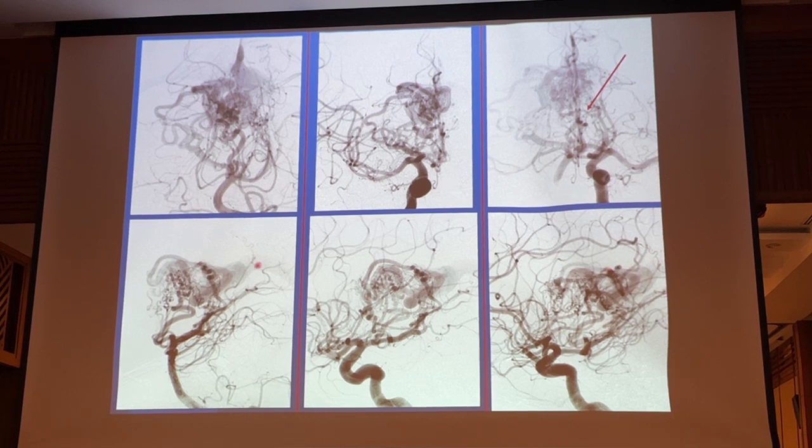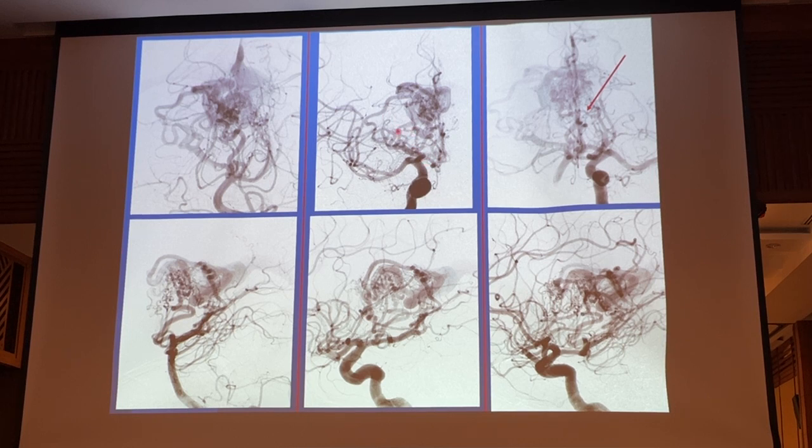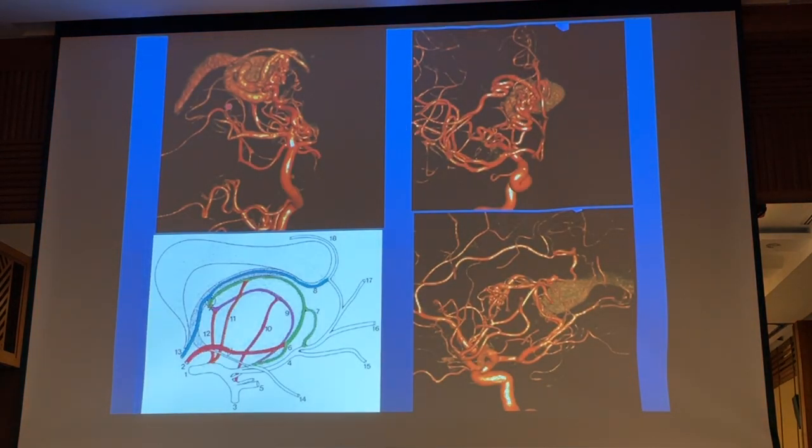You can see supply coming from perforating thalamic perforators. And then you can see the supply coming from the lateral posterior choroidal, and difficult to recognize, but the anterior and posterior choroidal. We'll go into details of this case. Remember, the angiogram is detailed during the workshops.